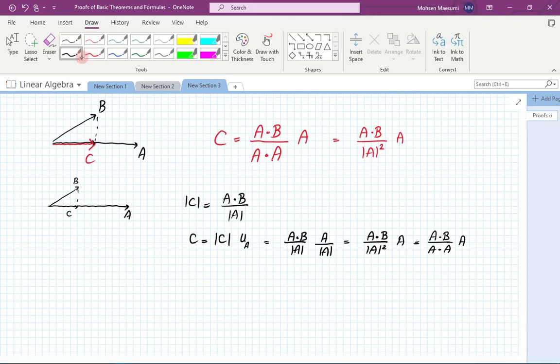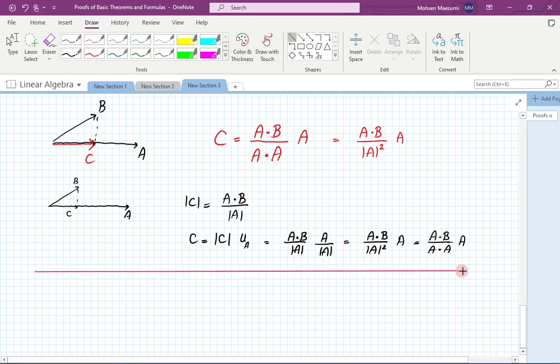So that establishes the formula for the projection. For the obtuse case, very similar. Again, I leave that to you to do.